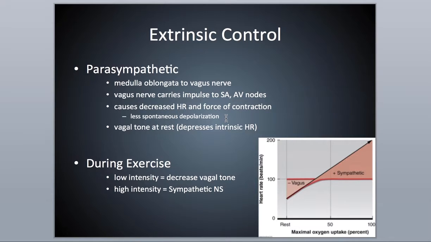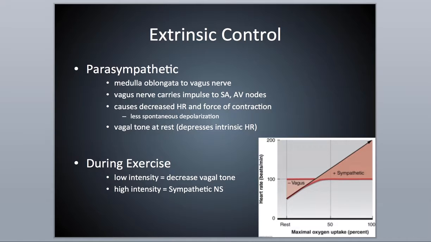But really all you need to know is the parasympathetic, it's going to come down through the SA node and AV node, and it's going to depress the intrinsic heart rate. So that's known as the vagal tone.